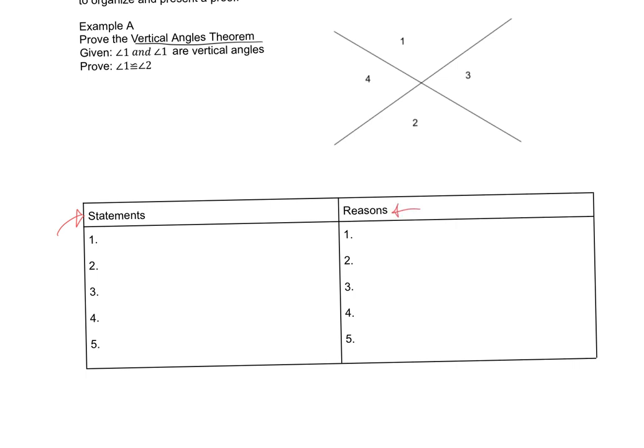I'm going to write angle 1 and angle 2 are vertical angles. This should be a 2 up there. And the reason that I know that is correct is because it's given to us. Those are our conditions.